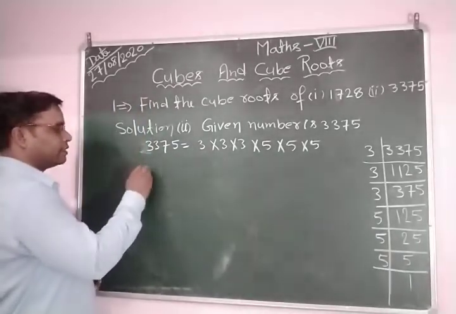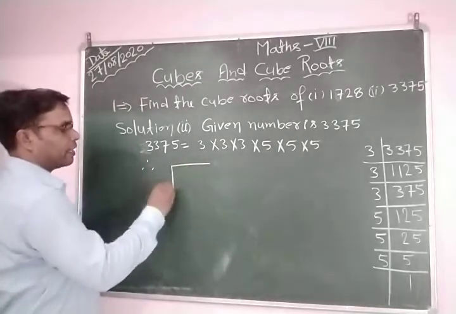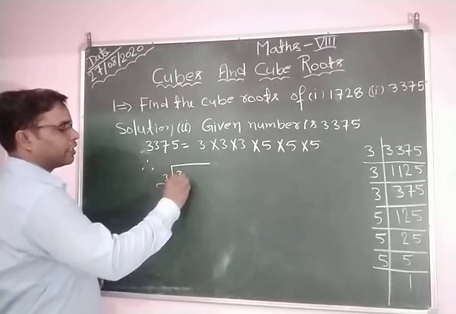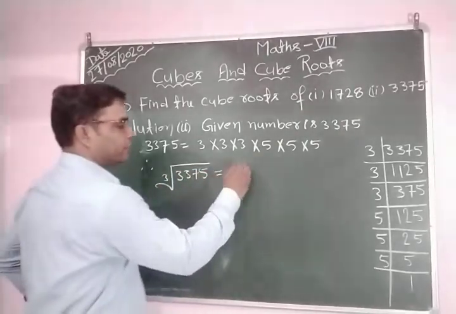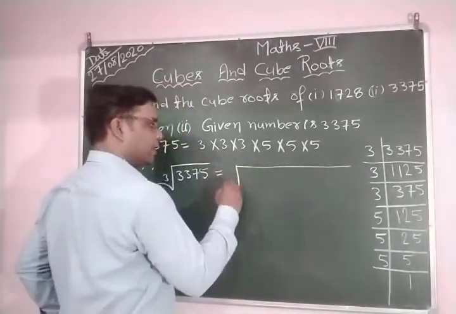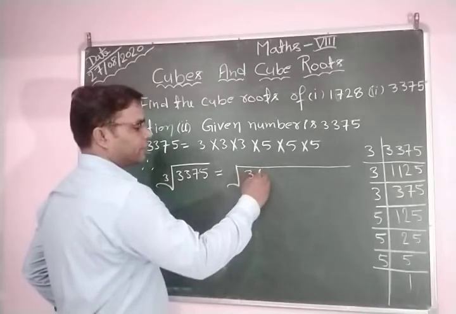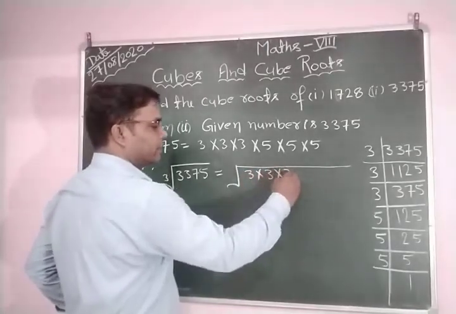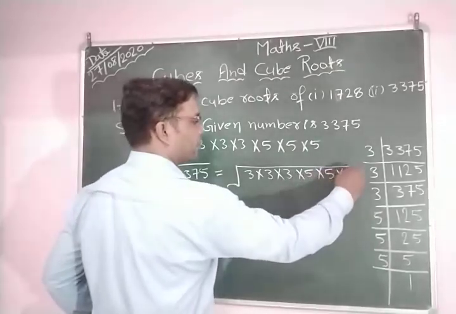So for this we can write here, therefore cube root of 3375 is equal to, here also we take the cube root of this product 3 into 3 into 3, into 5 into 5 into 5.